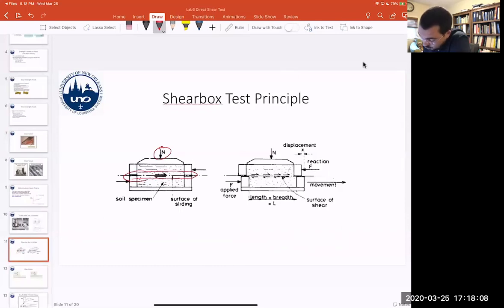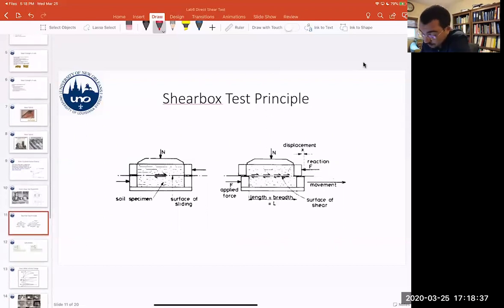Some people don't like this test because we know that soil has infinite surfaces that it can fail across. So when you're doing a shear box test, you're limiting the soil to fail in a certain plane. That's why some people don't really like this test, but nevertheless it's accurate and it's been used many times in design.